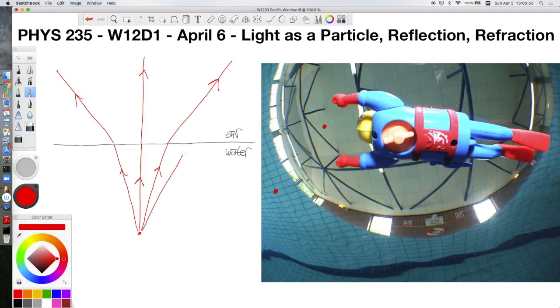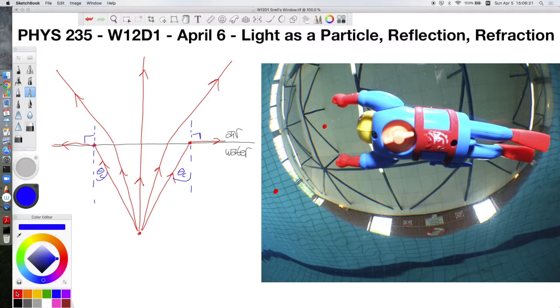And then at a certain point, you will reach that boundary where the refracted ray exits parallel to the surface of the water, which means that this angle right here is the critical angle between air and water, since that's the angle that gives us a 90-degree angle on the other side.